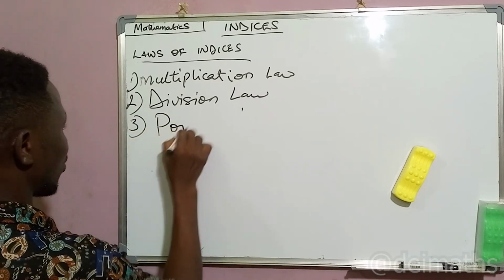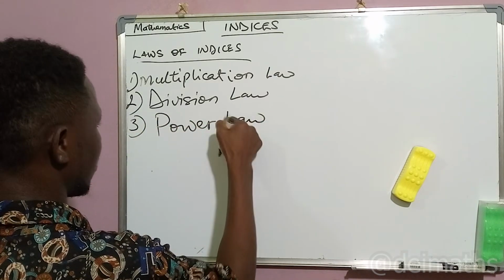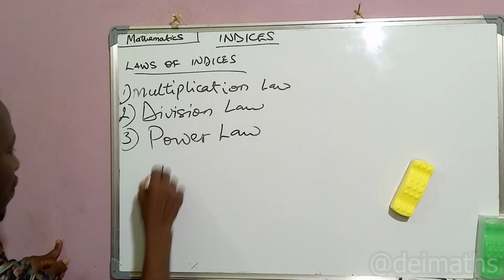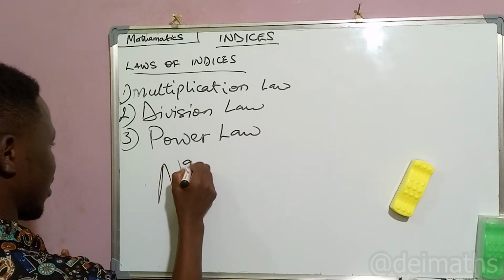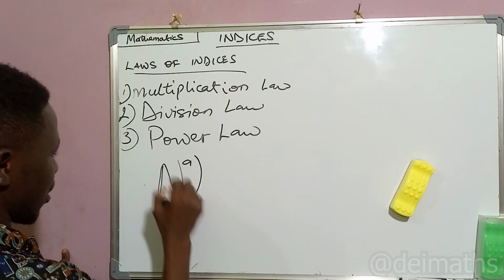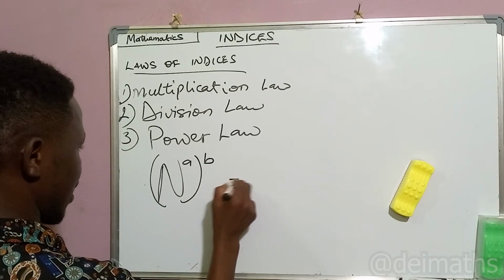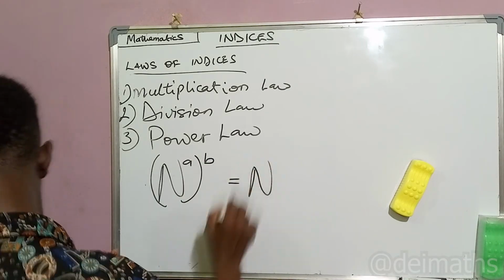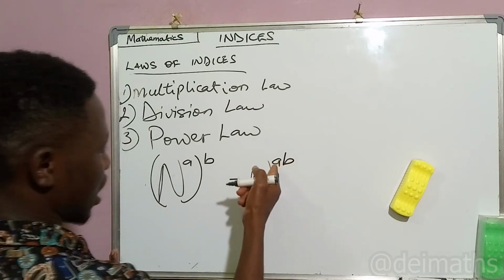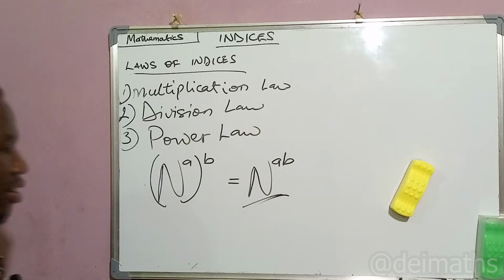The power law says that if we have a number base n raised to power a, all raised to the power of b, the answer should be n raised to power ab. You know that ab is a times b, which is the answer.